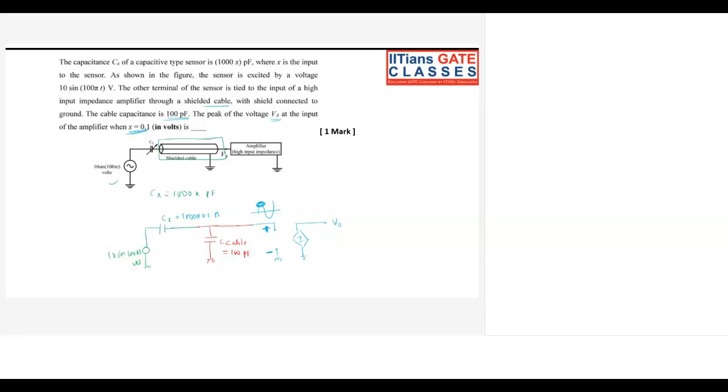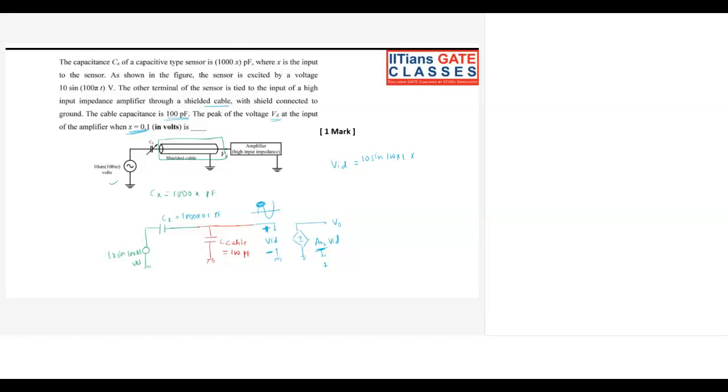So in order to find the voltage here, VID, that we have just discussed, AOL into VID. The AOL they have not given, so we can assume it as 1. Then VID we have to find. How are we going to find the VID? We just have to apply the voltage division between these two capacitances. So this VID is going to be the supply voltage 10 sine 100 pi t into, we have to distribute our voltages between these two impedances.